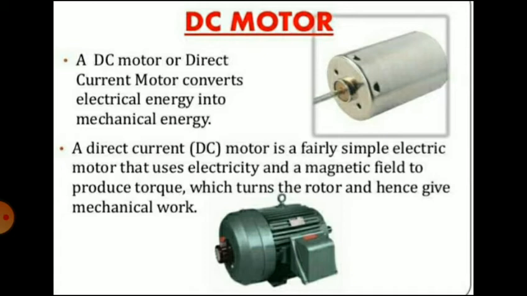A DC motor is a fairly simple electric motor that uses electricity and a magnetic field to produce torque, which turns the rotor and hence gives mechanical work.